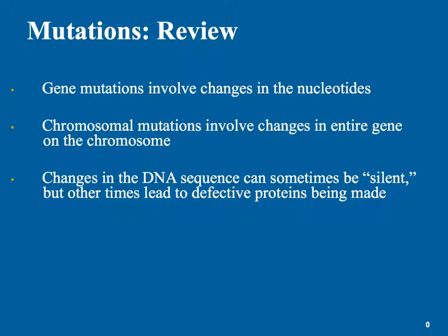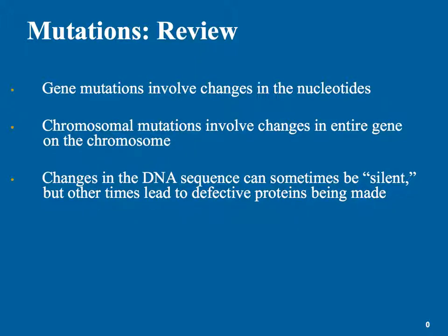Hemoglobin is the protein that is in red blood cells, and a change in the amino acid sequence causes their red blood cells to be deformed. And you'll see a picture of that when we get into, I think it's Unit 9. So an example of a gene mutation would be individuals that have sickle cell anemia, and then chromosomal mutations are mutations that affect whole chromosomes.